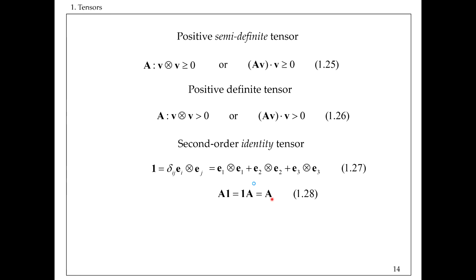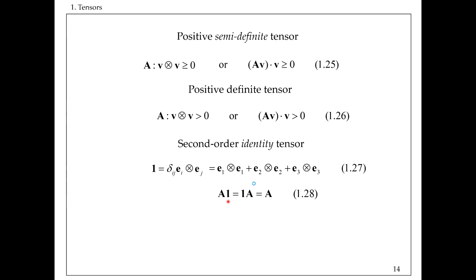The result will be, again, exactly the same tensor A. It's a general formula that holds true, and you can easily show it by actually writing the components of A and multiplying with I and doing all the proper second order tensor multiplication as we just described it one or two slides before.